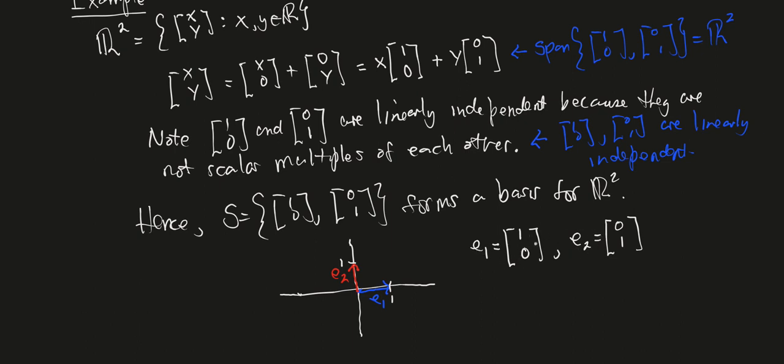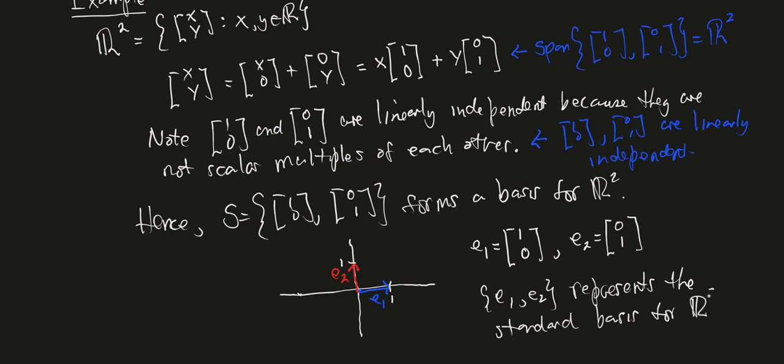So we can refer to these two vectors as forming a basis for R2. More specifically, they form a standard basis, right? So e1, e2 represents the standard basis for R2.